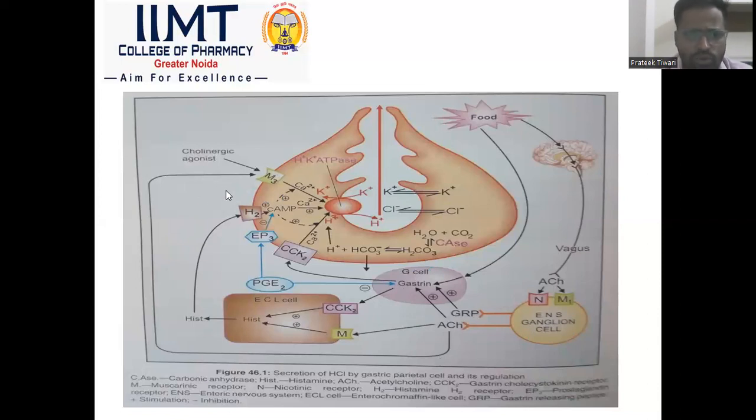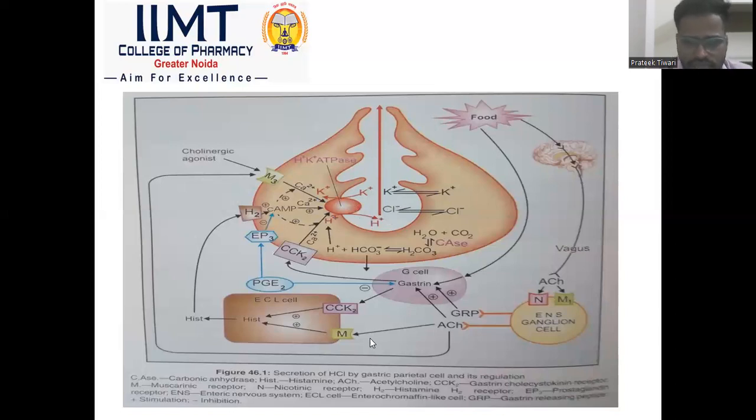When ACh binds to M3, it triggers calcium release, which leads to activation of protein kinase, and the activated protein kinase activates the hydrogen-potassium pump, or proton pump. The exchange of hydrogen and potassium takes place here, and there is chlorine outside in the lumen; when hydrogen goes there, it combines with chlorine and forms HCl, that is acid.